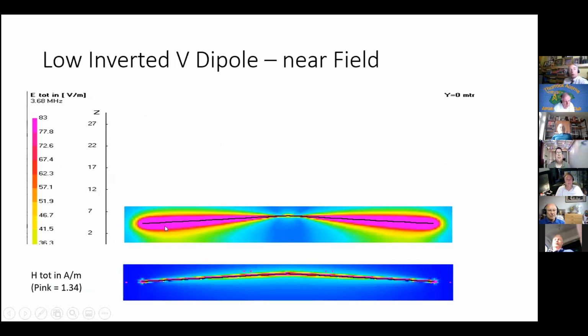And if we look at the fields, what you will see is that the high electric field is displaced downwards towards the ground. And actually, for my station, which can run up to about 200 watts, it works out that 4.5 meters minus 2.5 meters, 2 meters off the ground is just achieved at the ends, but it is achieved.